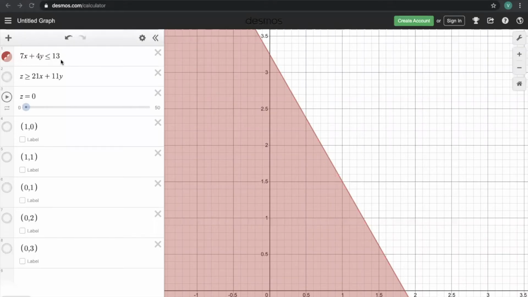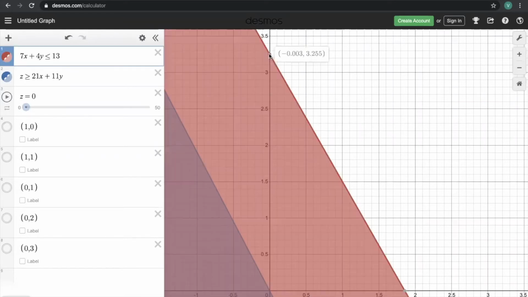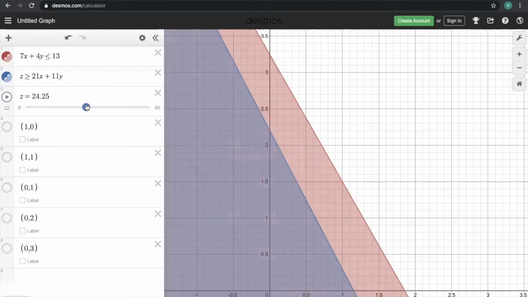So I plug this into Desmos, and now we're gonna see how our function, I called it z, changes depending on the variables. I put a slider on z to change its values, and I'm moving it just to see where we have its maximum value as of right now.